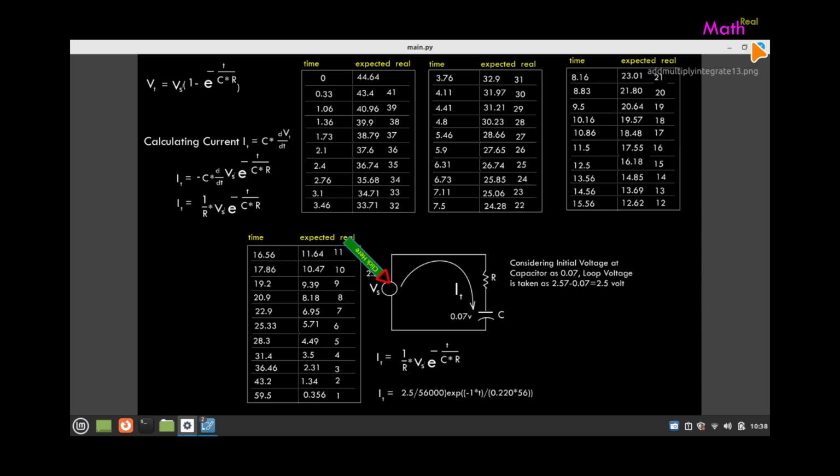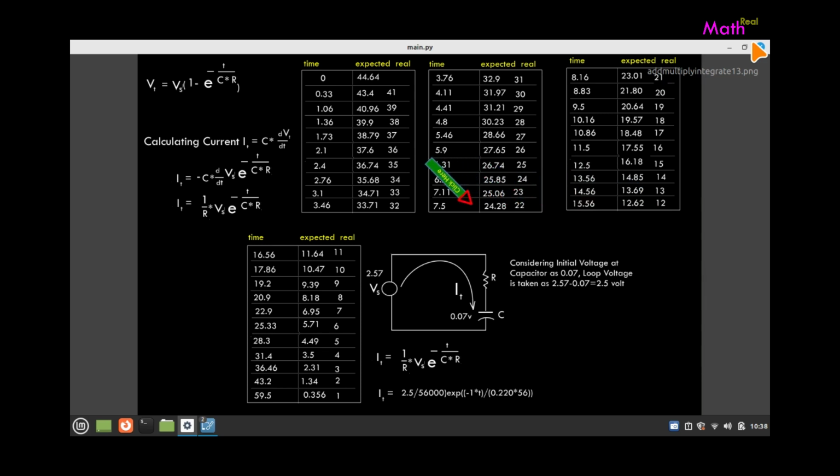Okay, with the practical we have measured the readings. At time 0, the expected is 44, which is the calculated value, and we got nothing measured there. At 0.33 second, it shows 41 microampere; at 1.06 second, 39; at 1.36, 38; at 1.73, 37; at 3.46, and at 15.56 second, the current is 12 microampere.